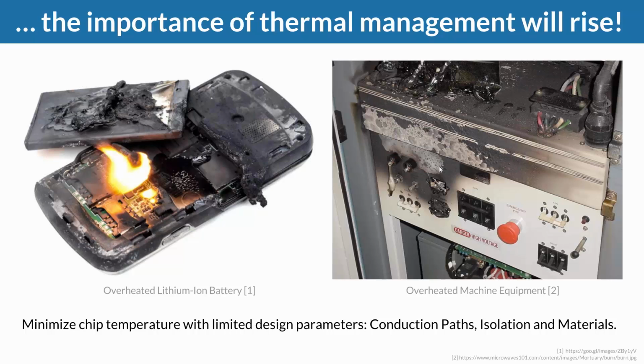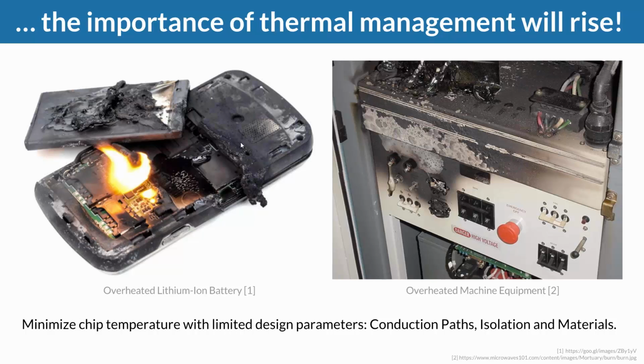The two examples you can see on this slide specifically show two examples where there is no active cooling. A smartphone, or a phone in general, is a good example of not a completely sealed enclosure, but at least there's no active cooling in there.